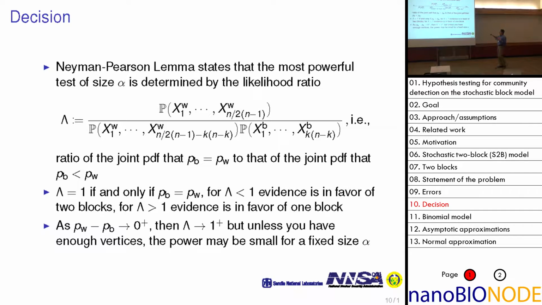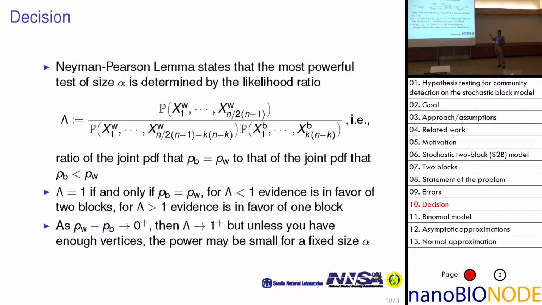If that ratio is equal to 1, that's true if and only if the two probabilities are equal. If lambda is less than 1, the evidence is in favor of two blocks. If the ratio is larger than 1, the evidence is in favor of one block, okay?